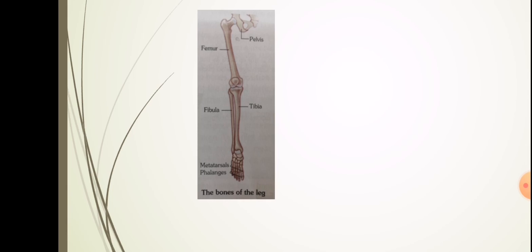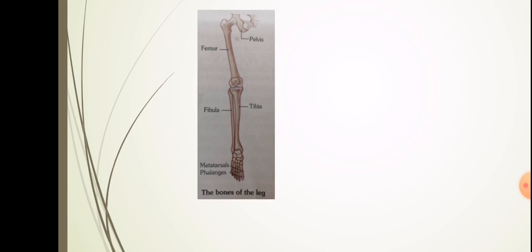Then same way, like our palm, our foot has finger-like projections. Yes, in this foot, the five finger-like bones are called metatarsals.